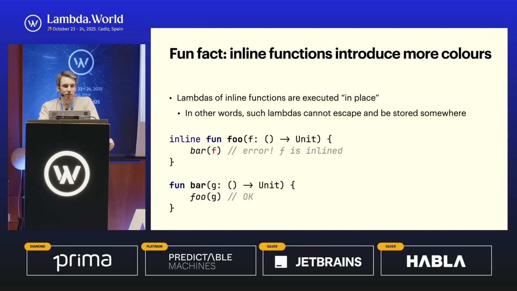It works because inline functions that take functional types cannot be stored, for instance, in a hash map, because that is not going to be inlined, which means such functional types now have a new color. It means that if you have a functional type inside your inline function, you cannot simply pass it to a function that is not inlineable.